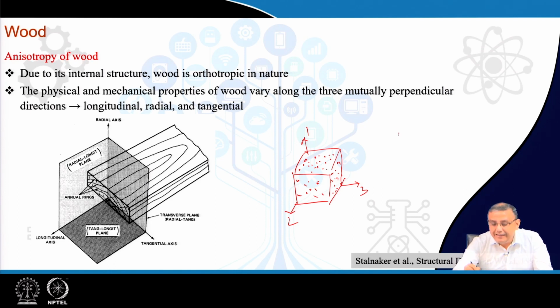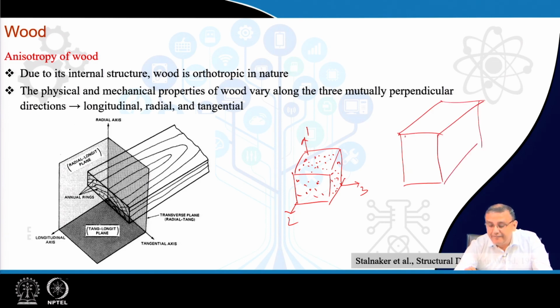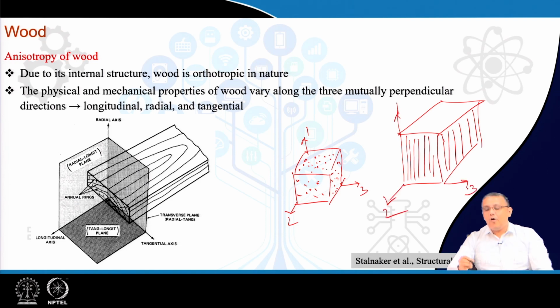But you already learned that a more complex situation arises in case of materials like the fiber reinforced material. If I just draw it like this, in a fiber reinforced material, if this is our one direction, this is our two direction, this is our three direction, and all the fibers are oriented along the one direction, then in this case we have different properties along 1, 2 and 3.